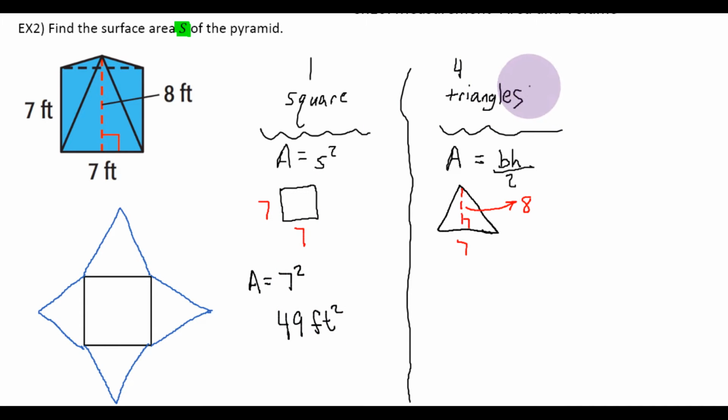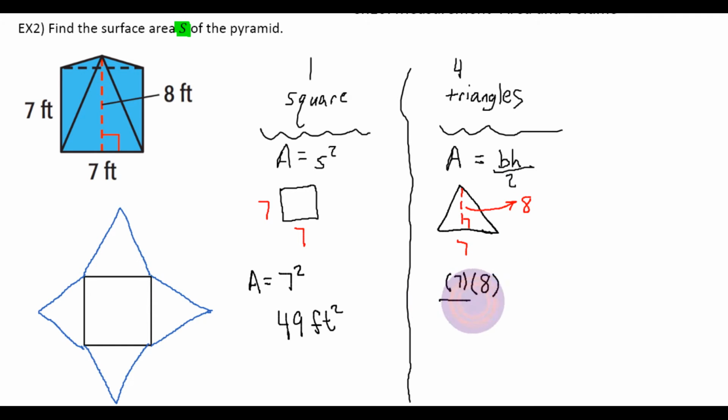Let's move over to the triangles. So the area for a triangle is base times height divided by 2. I'm going to substitute values in here. So I'm going to plug the 7 in for little b, the base of this shape. So 7, and we're going to multiply 7 by the height. The height of this shape is 8 feet, so 7 times 8.